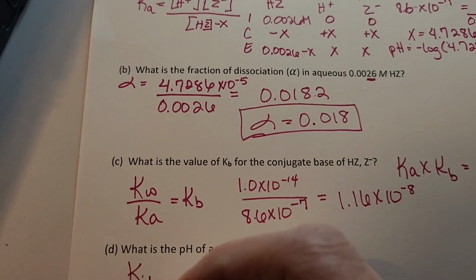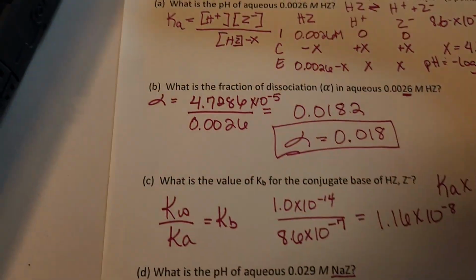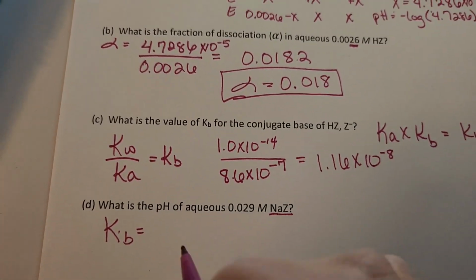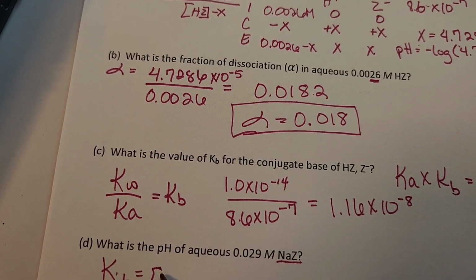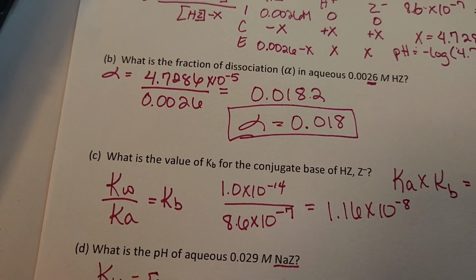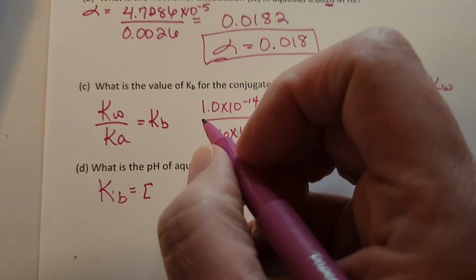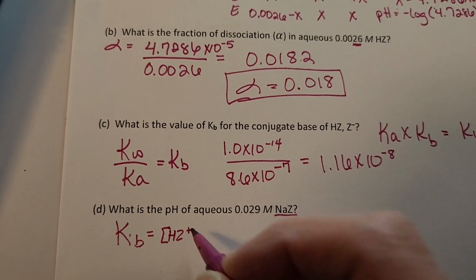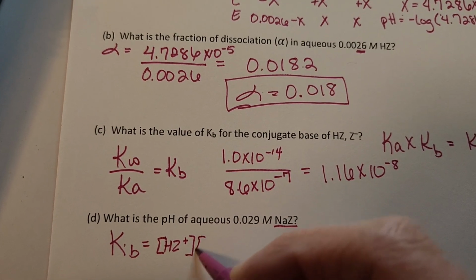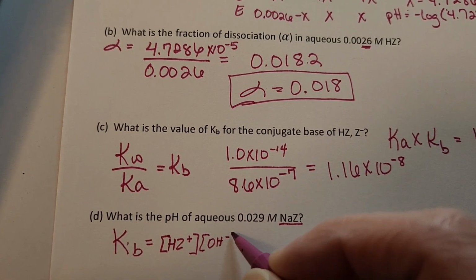Kb is equal to the concentration of our HZ and our OH minus.